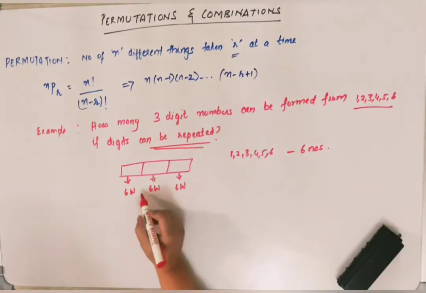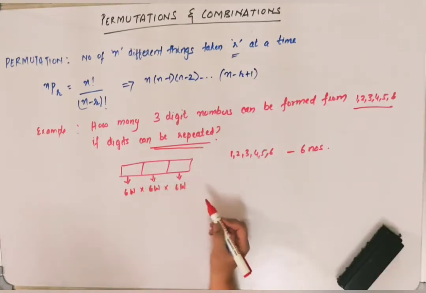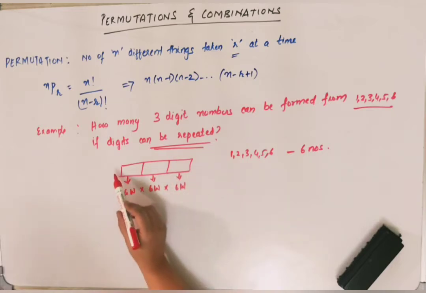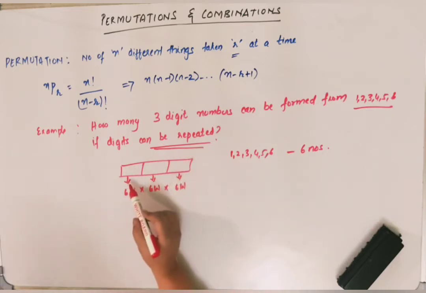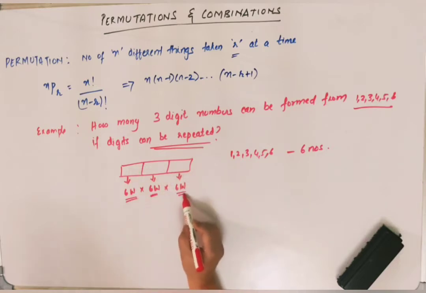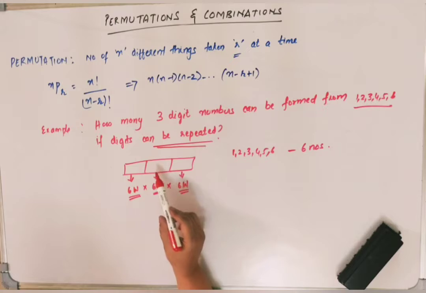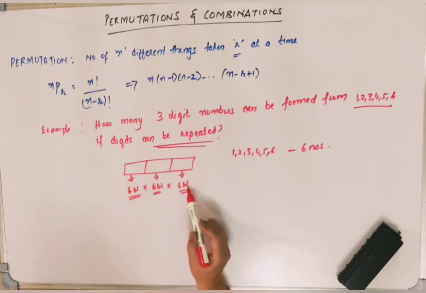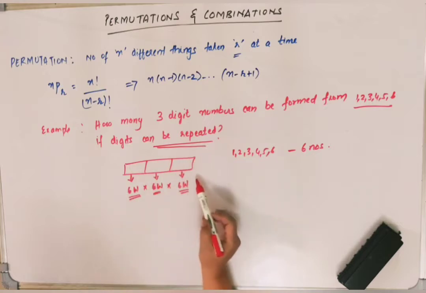Any combination. So now what I have to do, I have to multiply all of this using the multiplication principle, because I'm trying to find a 3-digit number, and to find the 3-digit number, this is one operation, this is one operation, this is one operation. Operation to choose first digit, second digit, and third digit. All these 3 operations are multiplied to get the 3-digit number.